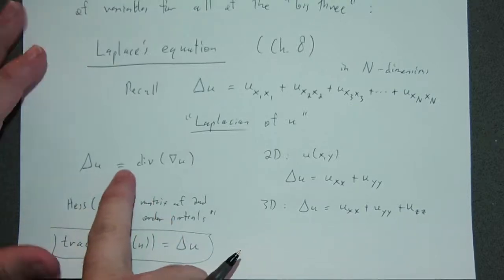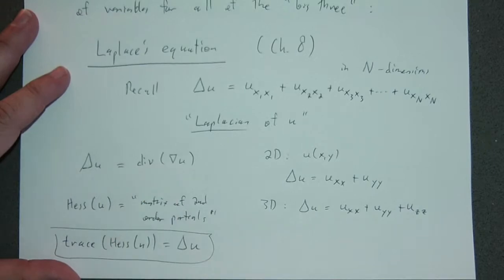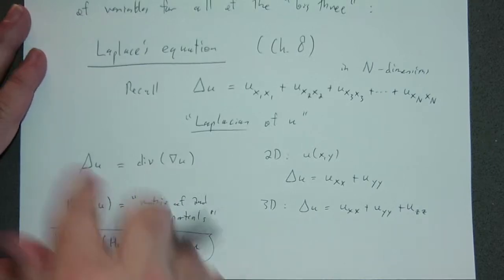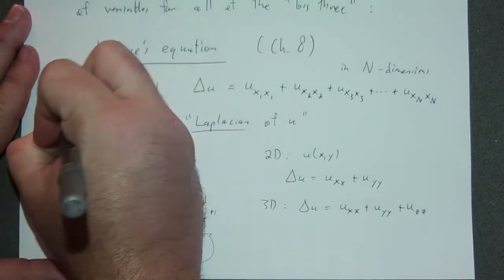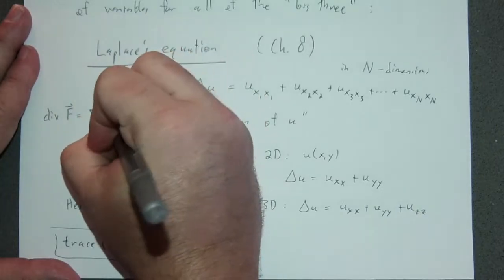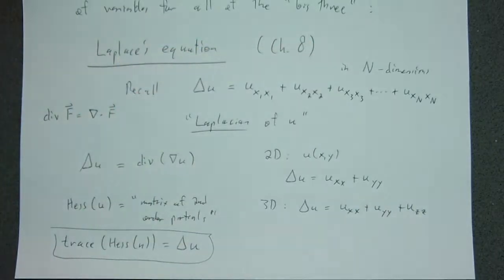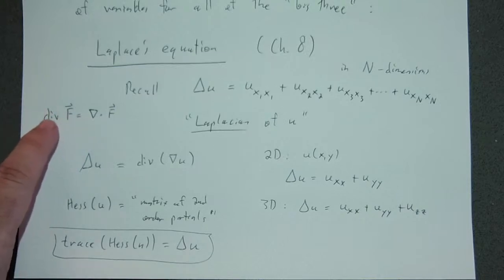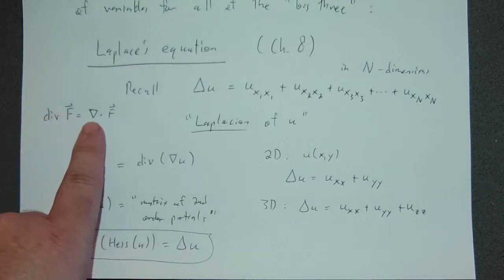Because of writing the Laplacian of u as divergence of the gradient, and because physicists are in love with writing the divergence of a vector field as nabla dot f, this is nice suggestive notation, because if you've forgotten what the divergence of a vector field is, this reminds you.